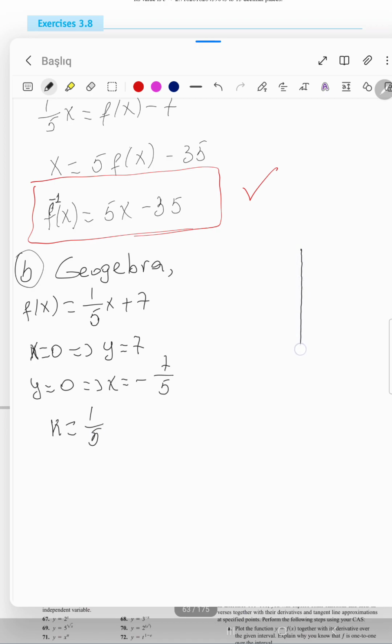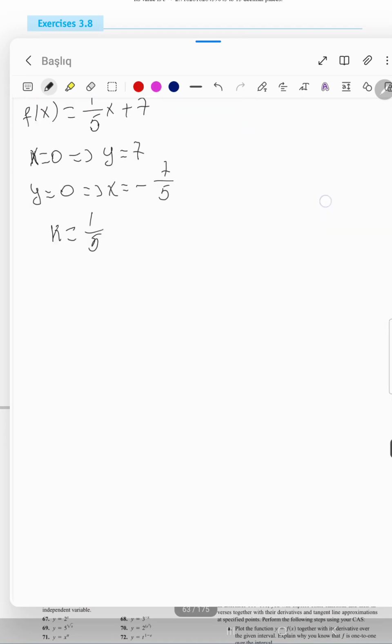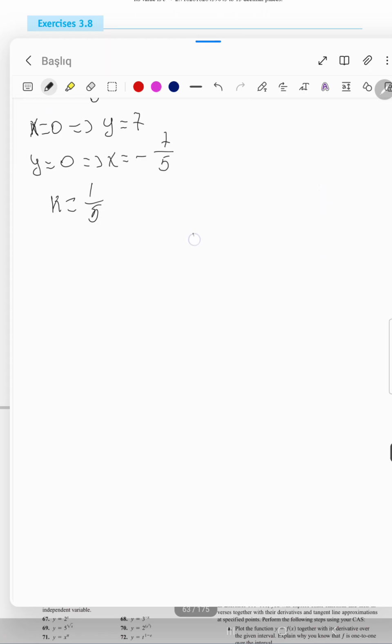We know a lot of information. Let's draw the function here.